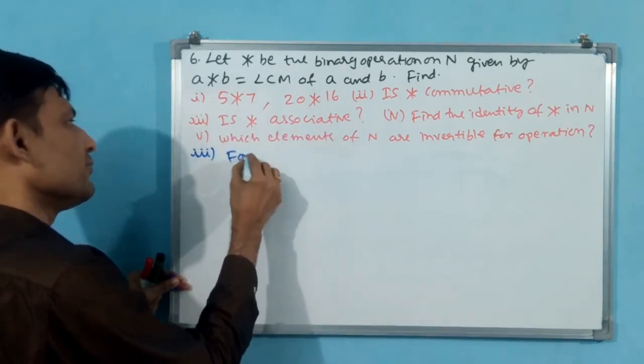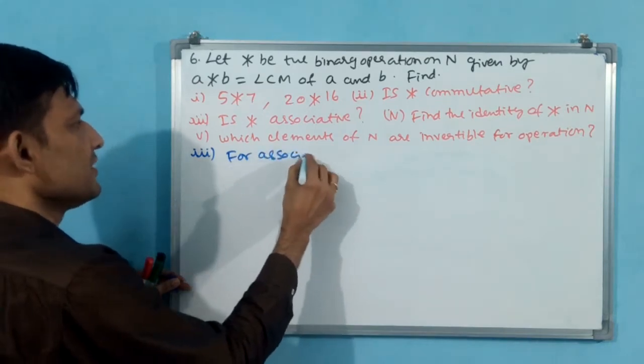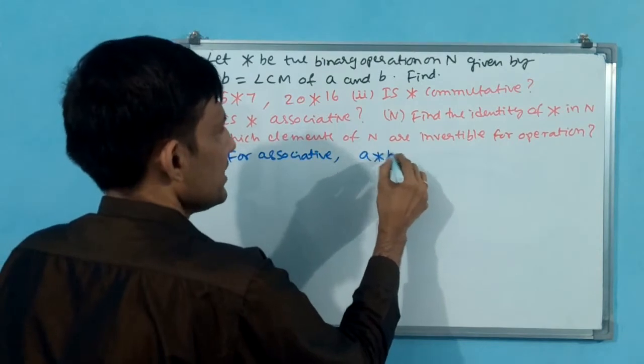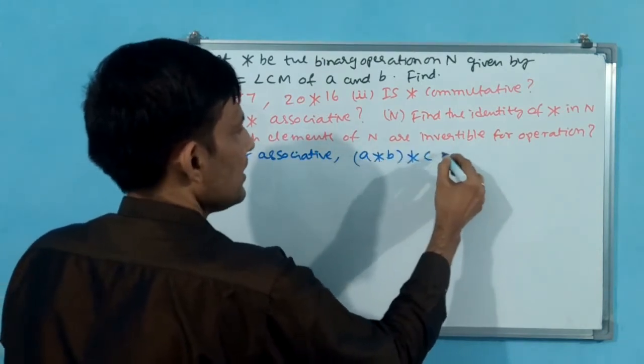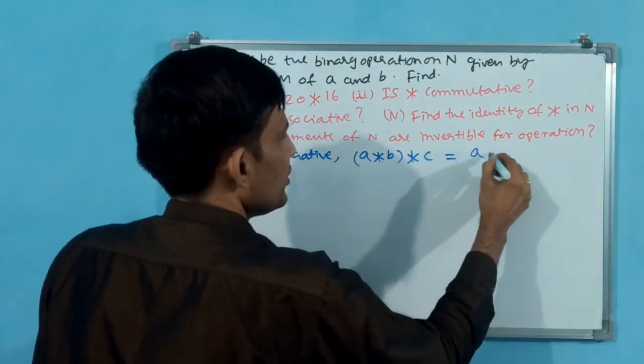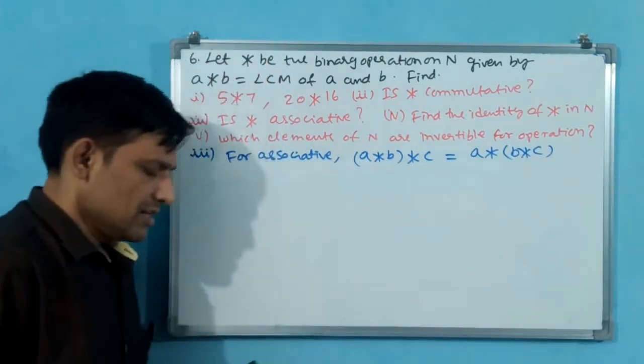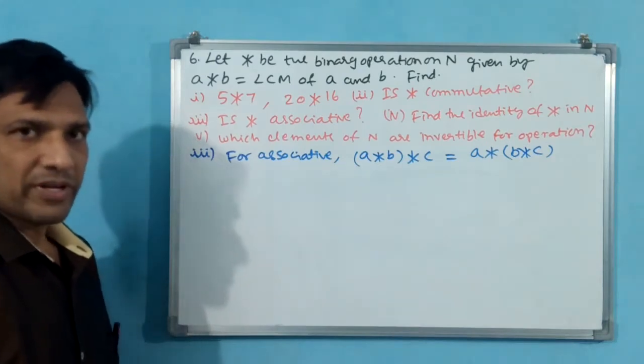For associative, A star B star C should equal A star B star C. This is the property of associative.